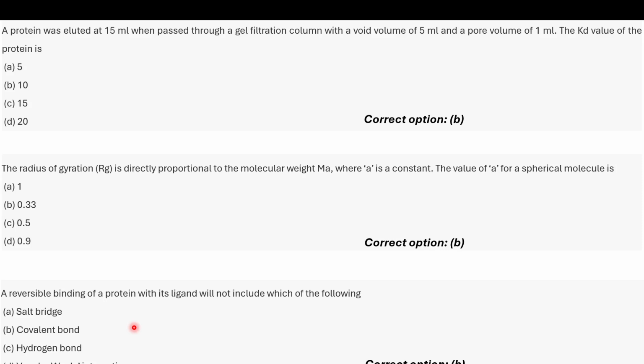If the amount is higher, then the interaction of your sample of interest with the matrix is weakened, and the higher amount of salt will be interacting with the matrix. Whether the matrix is positively charged or negatively charged, and depending on the final charge on your protein, these interactions can be reversed.